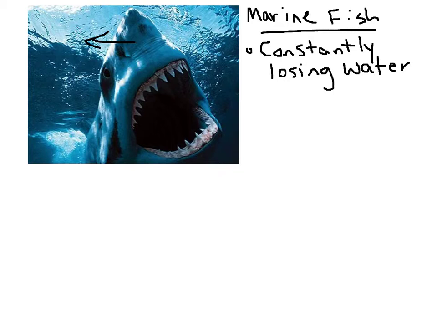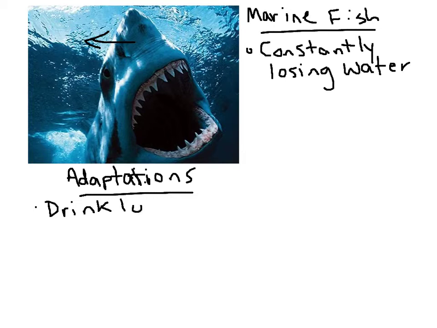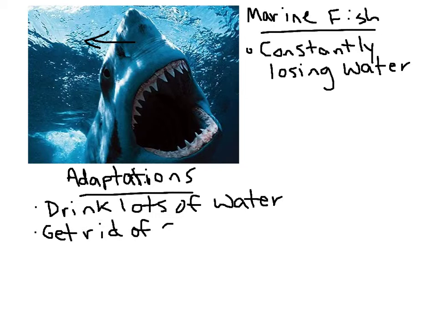Because of that, these are adaptations. We'll just write these below. You can put them wherever you want. So these are some adaptations that marine fishes have. They drink lots of water. What else do they do? They get rid of salt through special cells, because they're drinking so much water.